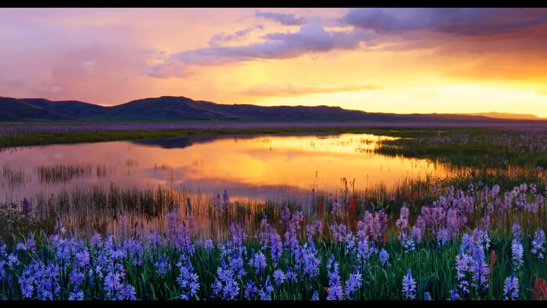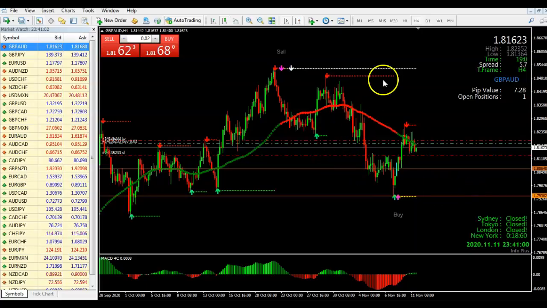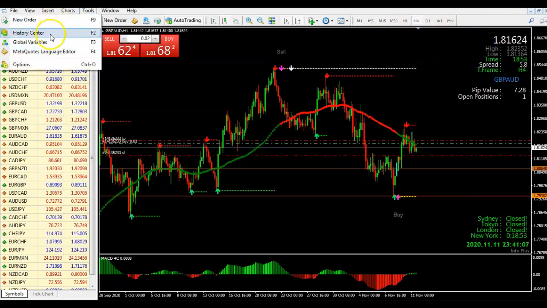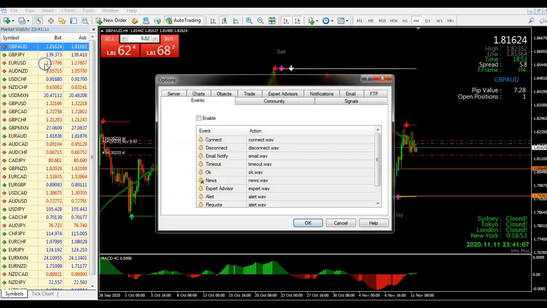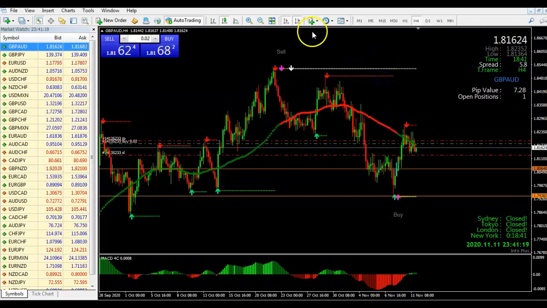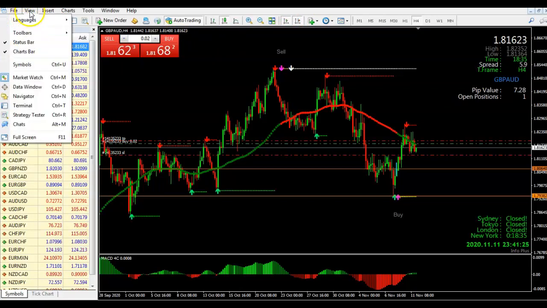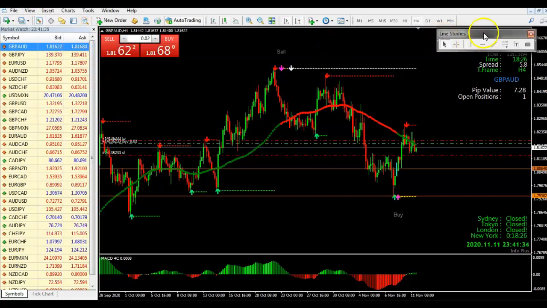Where are my fibs? Objects, trades. That's strange, I totally forgot about that. Two bars right there, line studies there. Okay, there they are. Sorry about that.